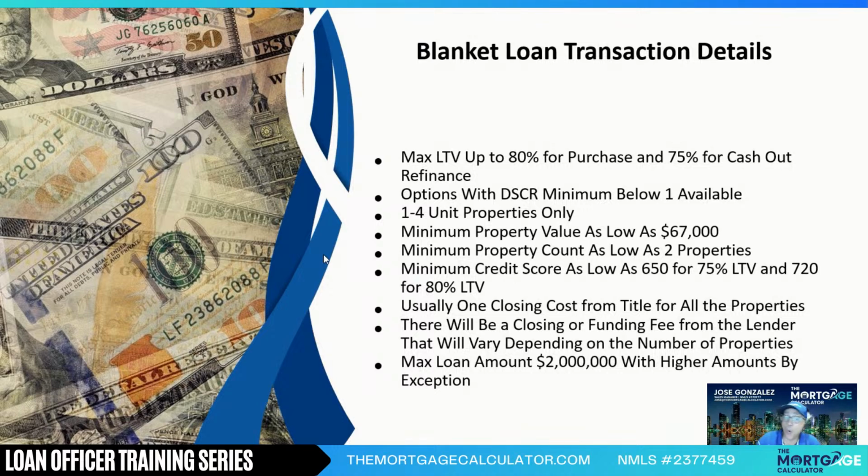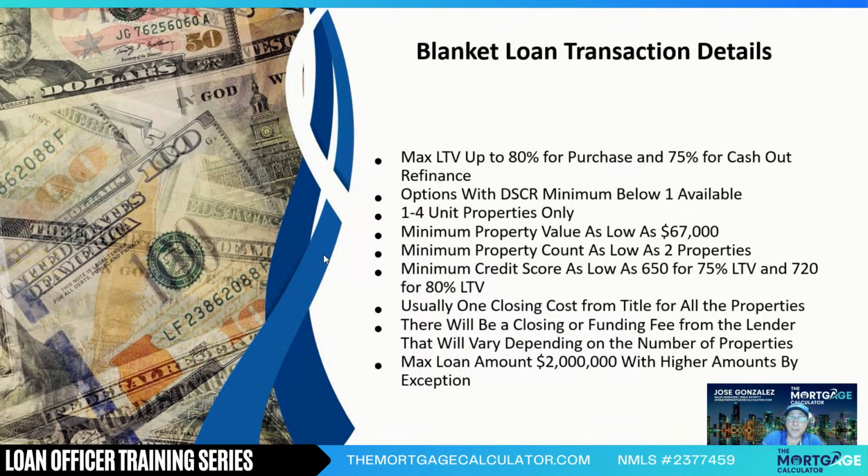So there is not one homogeneous guideline for the blanket loan option that we have, because we have multiple blanket loan options, each with their own maximum LTVs, maximum loan amounts. So when I'm telling you here, maximum LTV up to 80% for purchase, that's going to be for our best case LTV option.